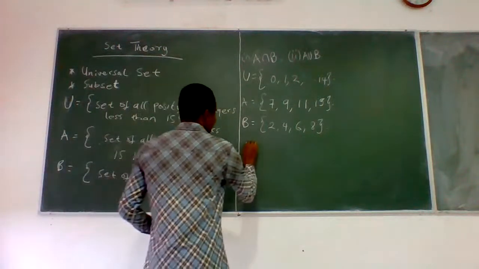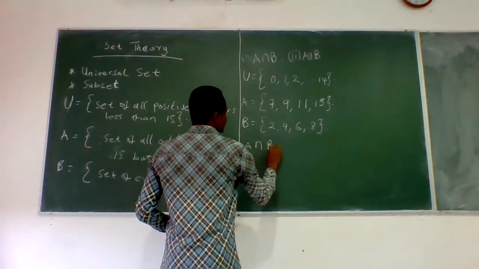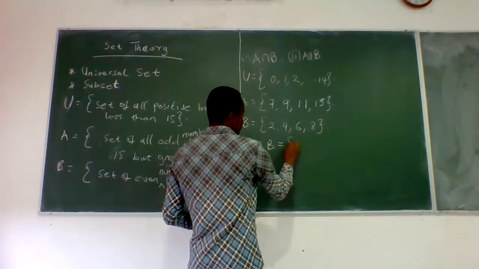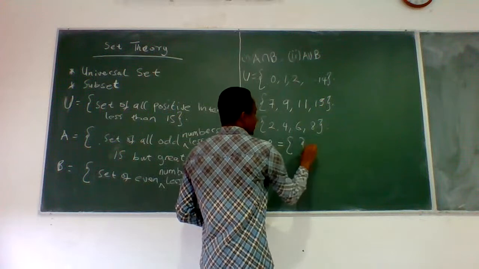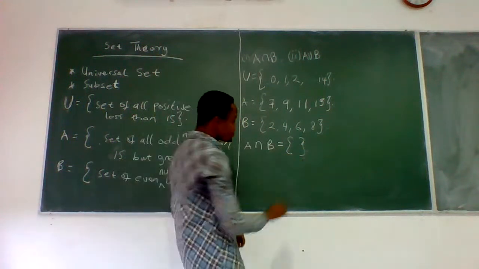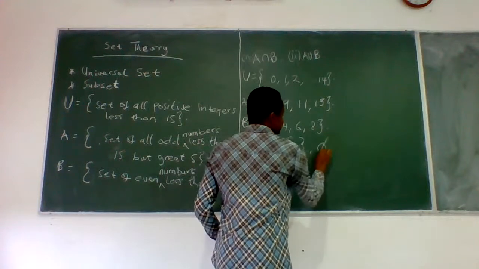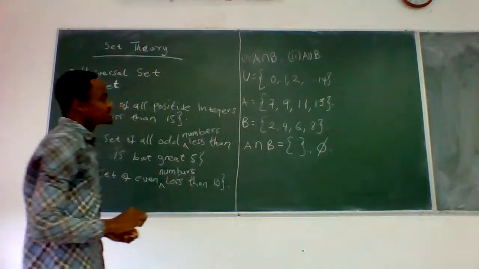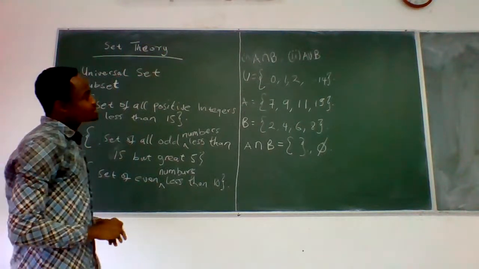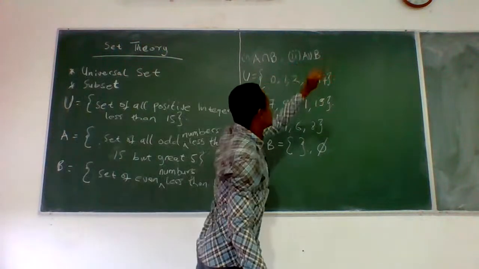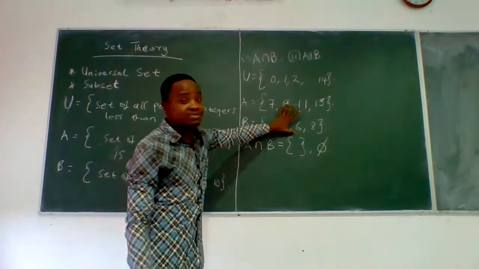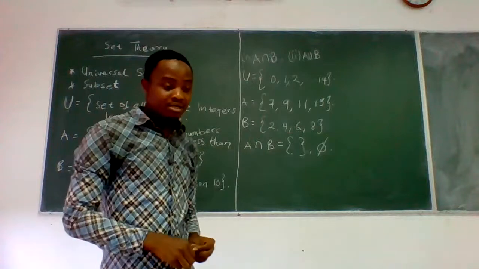So A intersection B is an empty set. An empty set is represented either as a curly bracket with nothing in it, or with this symbol. And then we have A union B, which means we are combining the elements in these two sets. So that's basically what we did last week.